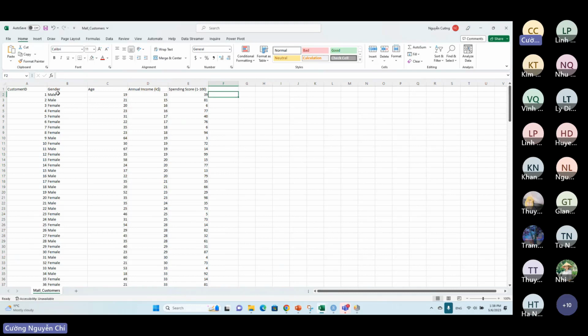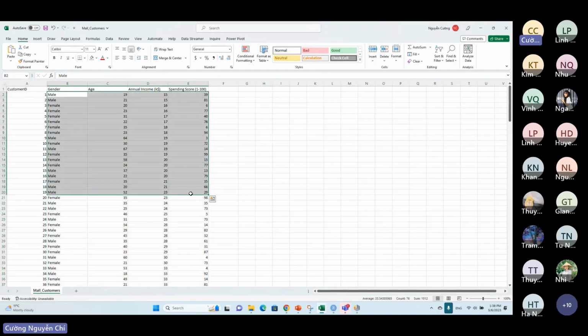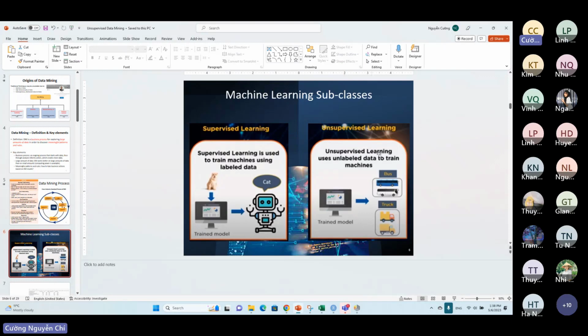So the only thing we can do is group some of them into different subgroups of customer segmentation. Later I will show you how to do that. But that shows us that normally people with the same characteristics can be linked into the same group, and we can try to target them with a suitable marketing strategy. So that's what people do for unsupervised machine learning.